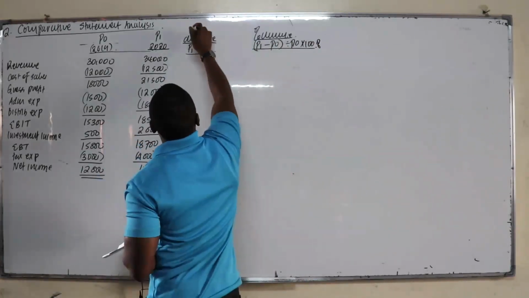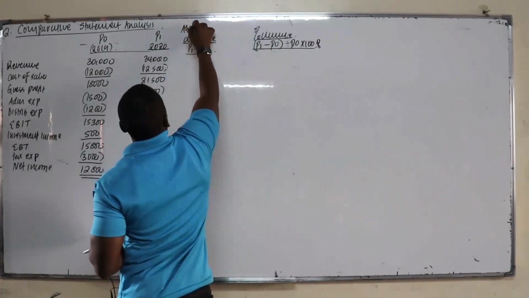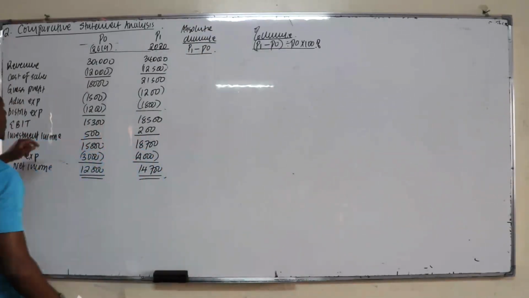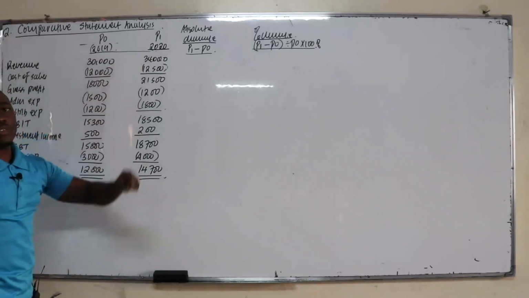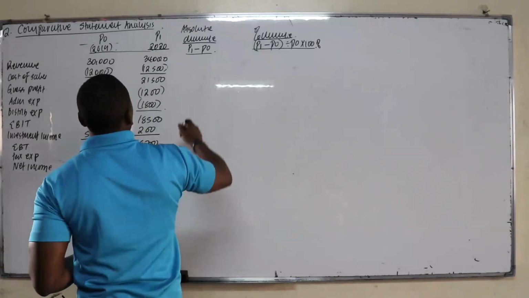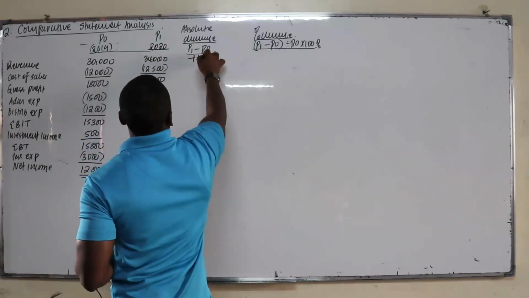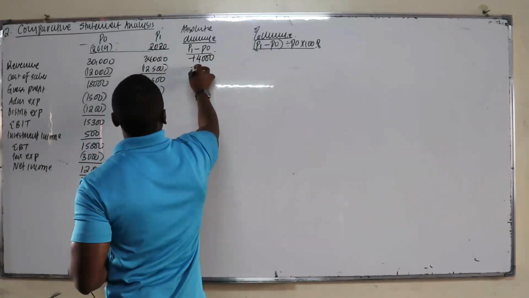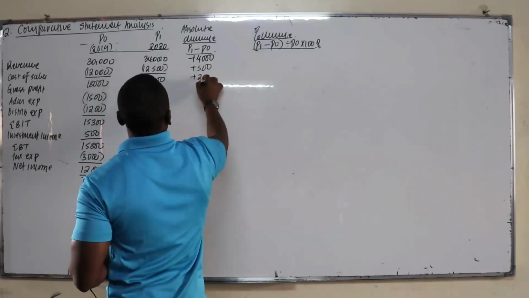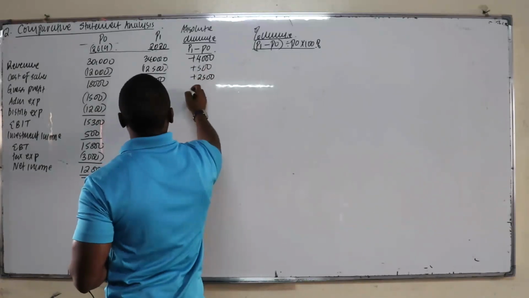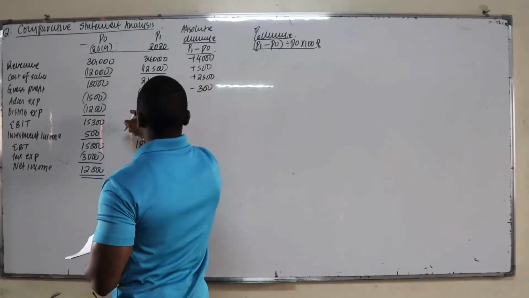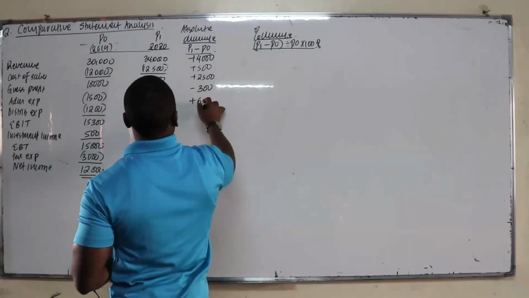Now for change, that's what we call the absolute change. It can either be positive or negative. For example, the revenue, was it an increase or reduction? An increase by how much? 4,000. So it's plus 4,000. Here we had plus 500. Here you have plus 25. Here we have negative 300. Here we have 600.